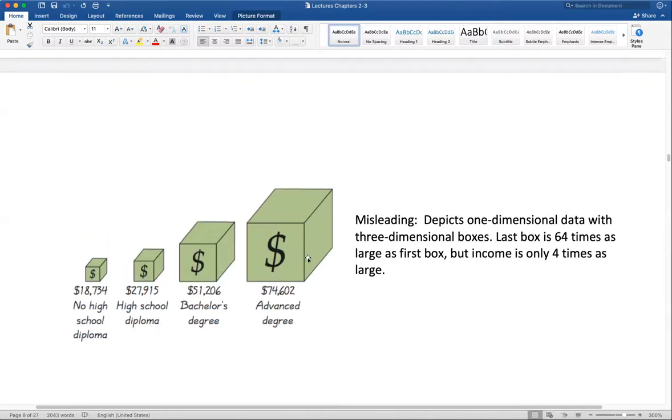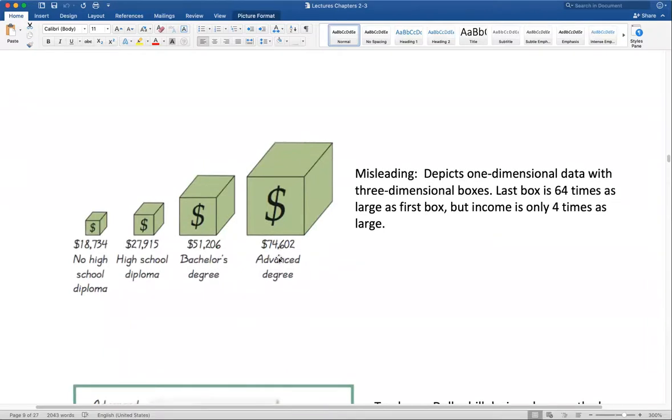Now when you look at the cube, it looks like the people having the advanced degree have more than three times the income of people without a high school diploma.